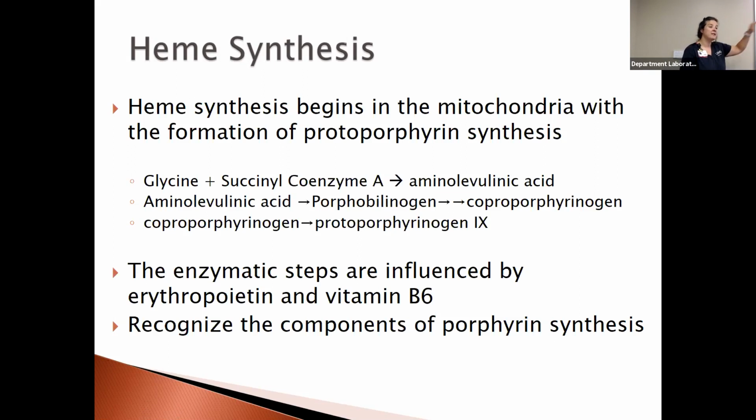That will lead to an excess of these intermediates, and we call that a porphyria. These porphyrins can be seen excreted in the urine, and that's oftentimes how we diagnose them in the lab. So it's very important that you recognize these enzymes.